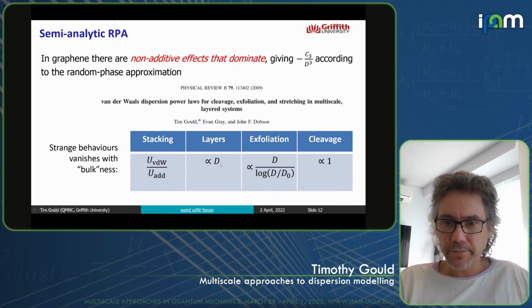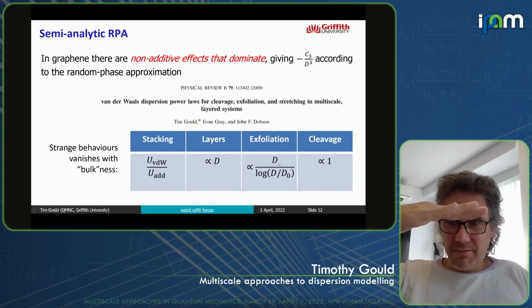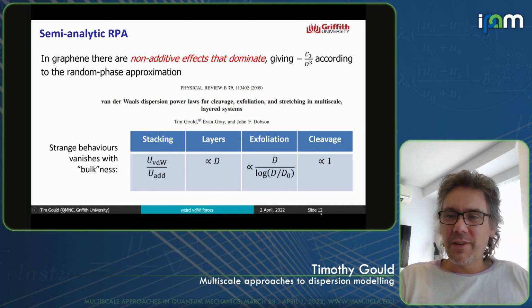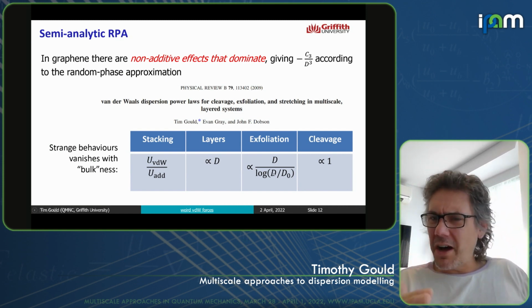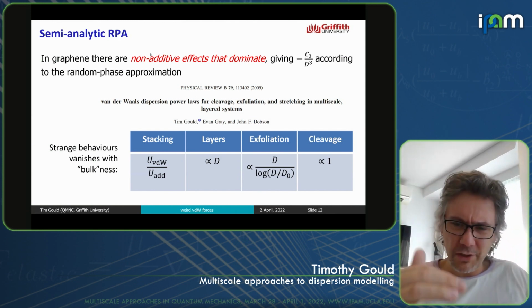scaling of d. If we exfoliate, so this is taking one just from the top, then one of our layers is nanothin, the other one is on the top of a bulk. And what actually happens is you reduce this change to the scaling by a logarithmic factor. So it still behaves kind of like layers, still getting the d, but it's reduced.